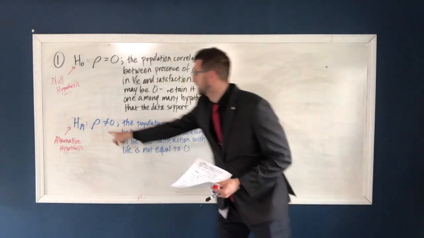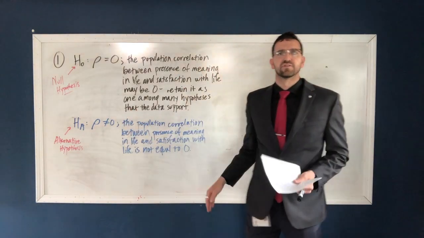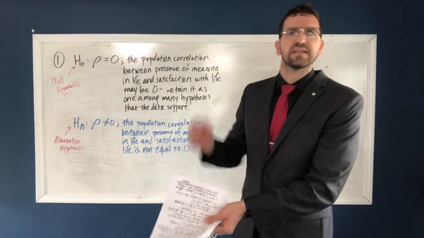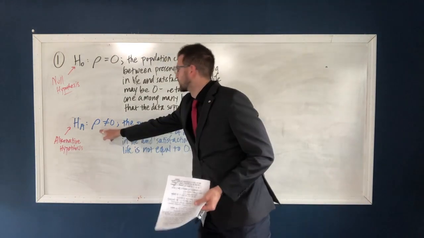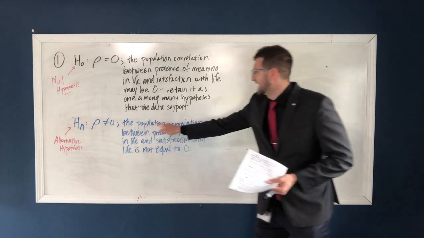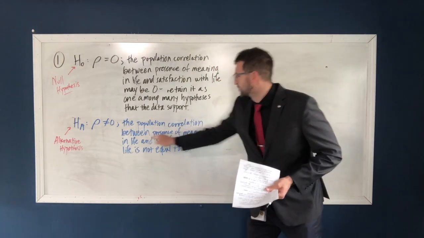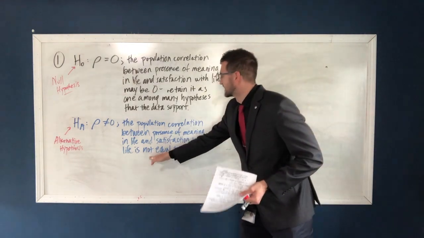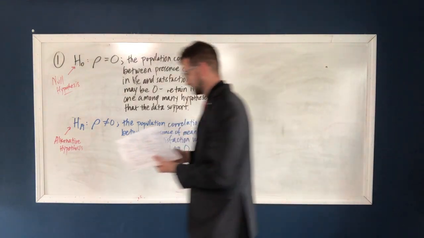So rho does not equal 0. When you have an equal sign with a slash down the center, it means not equal. So rho does not equal 0. The population correlation between presence of meaning in life and satisfaction with life is not equal to 0.